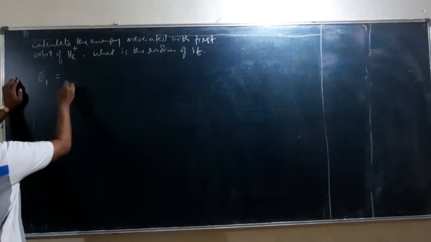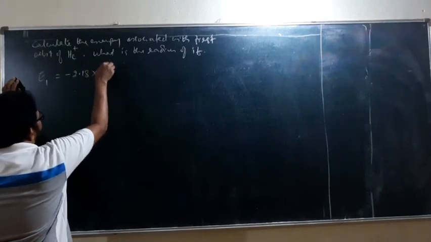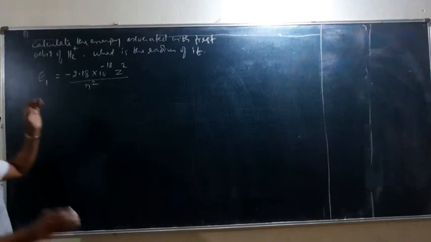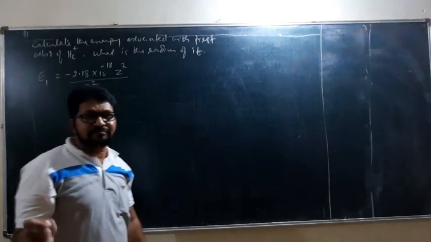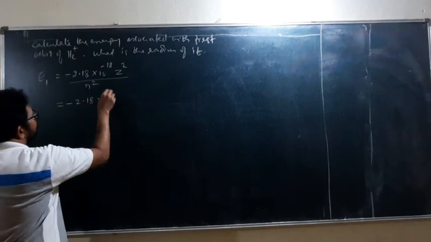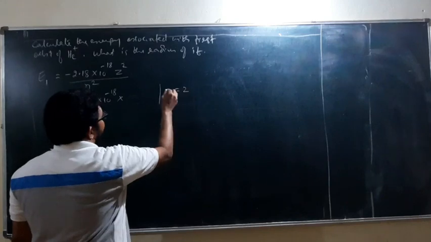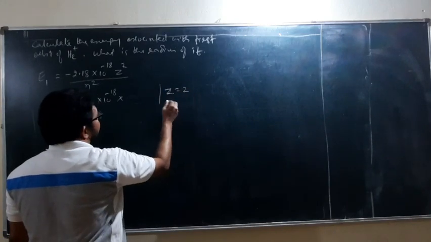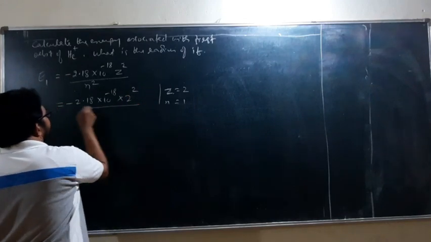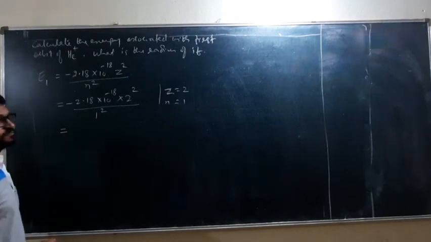E1 is equal to minus 2.18 into 10 raised to minus 18 Z square by n square. First you have to write the formula. For helium, Z is equal to 2 and n is equal to 1, so 2 square by 1 square, the first orbit of helium.